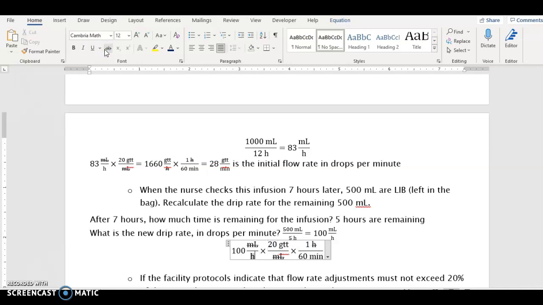So what we're doing is taking 100, multiplying by 20 and then dividing by 60. We multiply by whatever's in the numerator and then divide by whatever's in the denominator. We're not going to multiply by 1 because multiplying by 1 has no effect, and the 1 milliliter in the denominator fraction, divided by 1, has no effect.